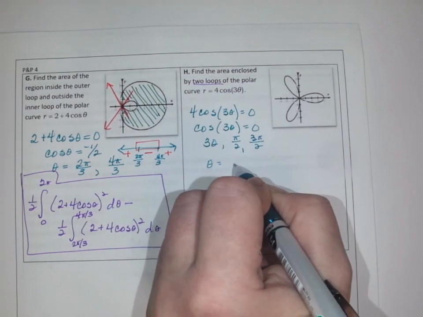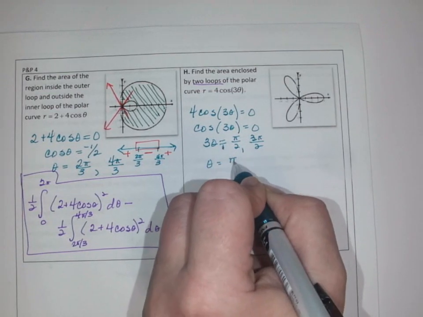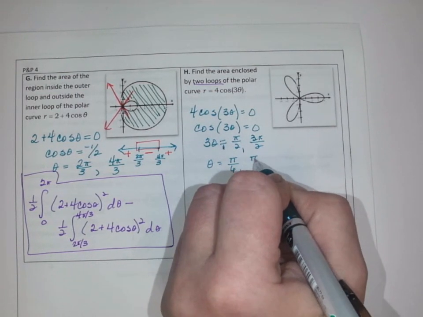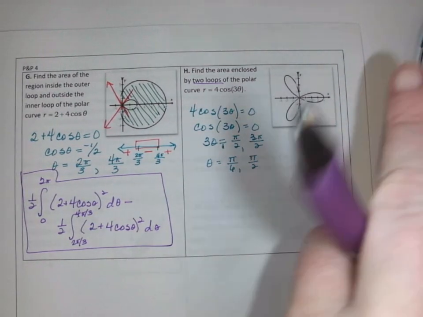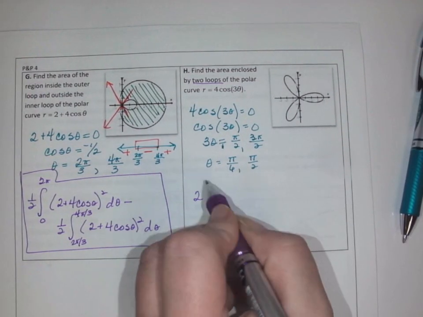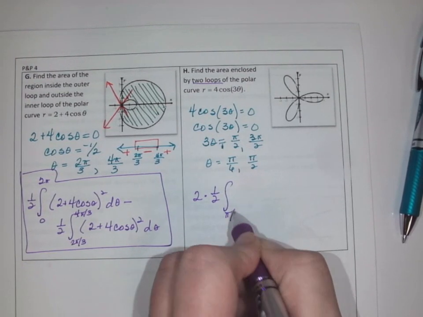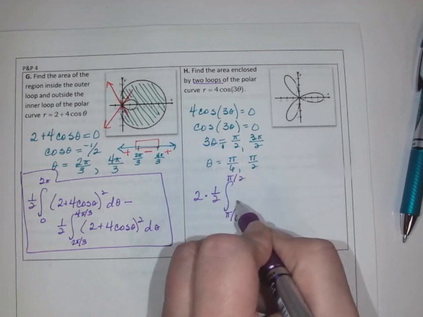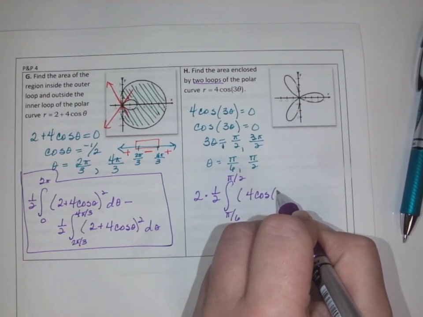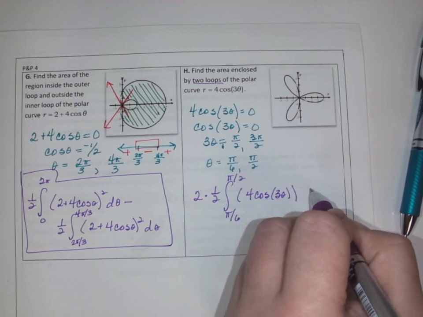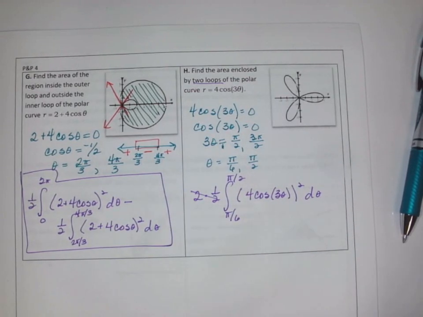So theta would be equal to pi over 6 and pi over 2. So we're going to do 2 times 1/2 times the integral from pi over 6 to pi over 2 of the formula 4 cosine 3 theta squared d theta. Then I can cancel those guys out.